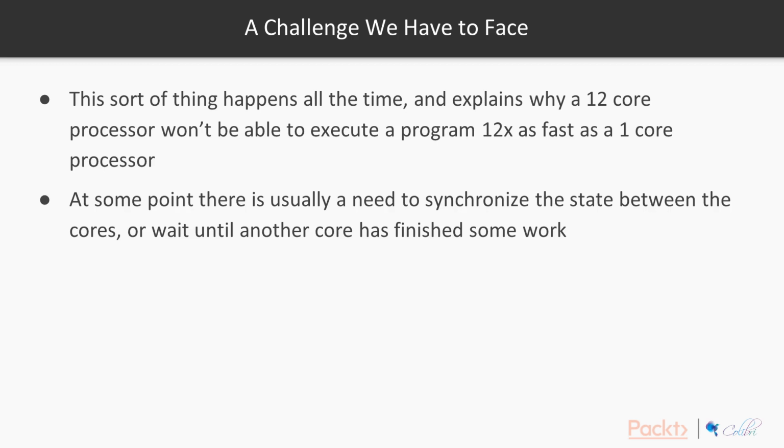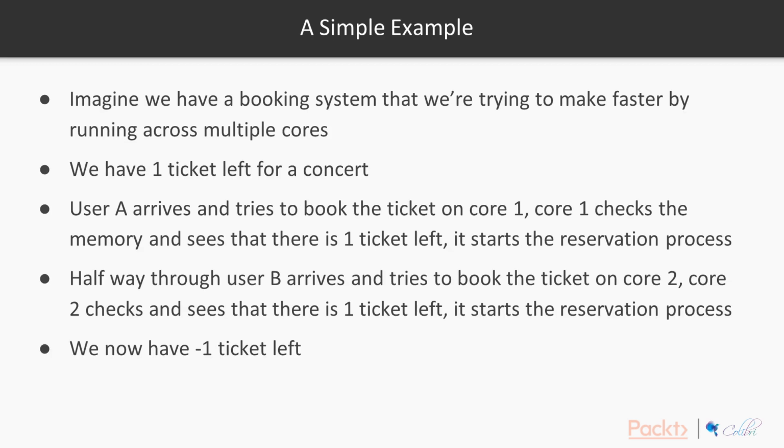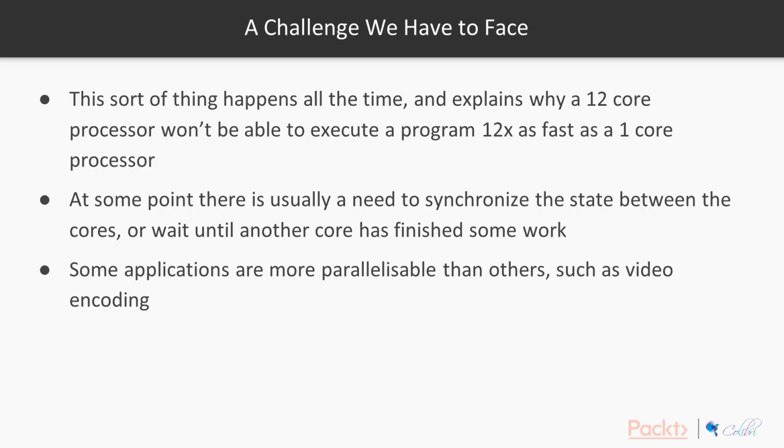And if we take the booking example, what we would actually have to do when we implement it is when core 1 checks to see if there's a ticket left, it needs to lock that variable in memory such that core 2 can't modify it. And that's called thread waiting. So core 2 or thread 2 ends up waiting on thread 1 to see if it's finished its work.